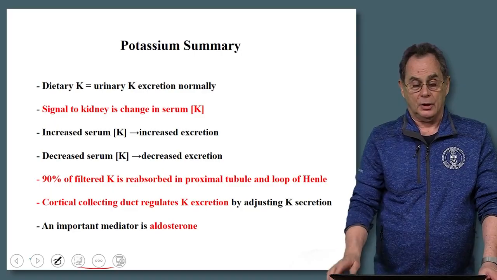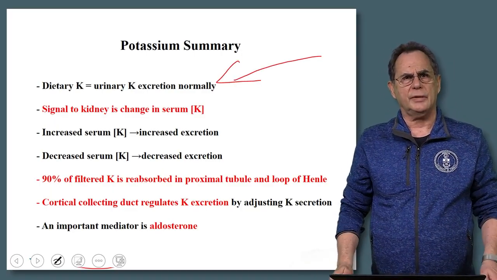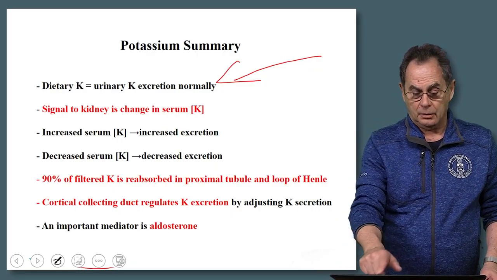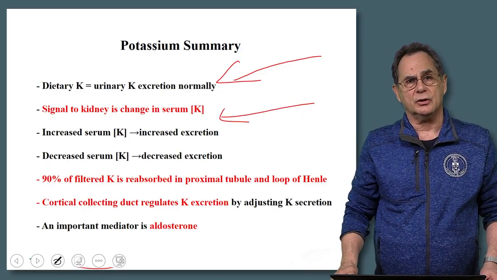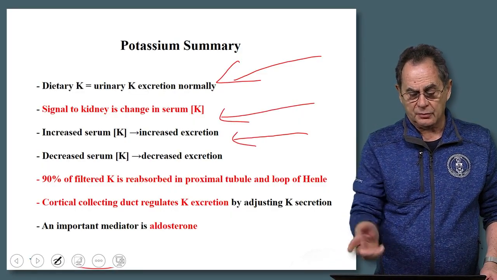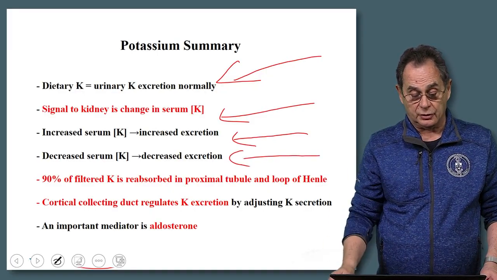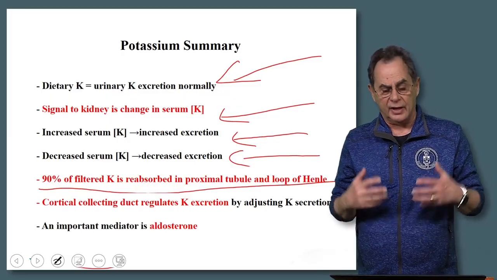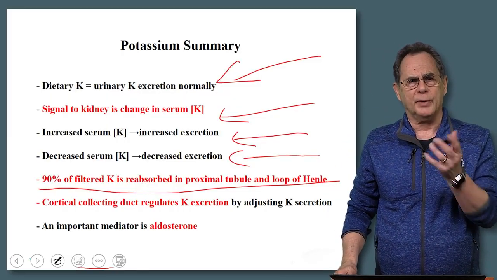So summary. Dietary potassium typically equals the urinary potassium excretion. The signal to the kidney is a change in the potassium concentration. Increased potassium increases excretion. Decreased potassium will decrease secretion. 90% of the filtered, close to 100, is reabsorbed by the proximal tubule and the thick ascending limb of the loop of Henle.